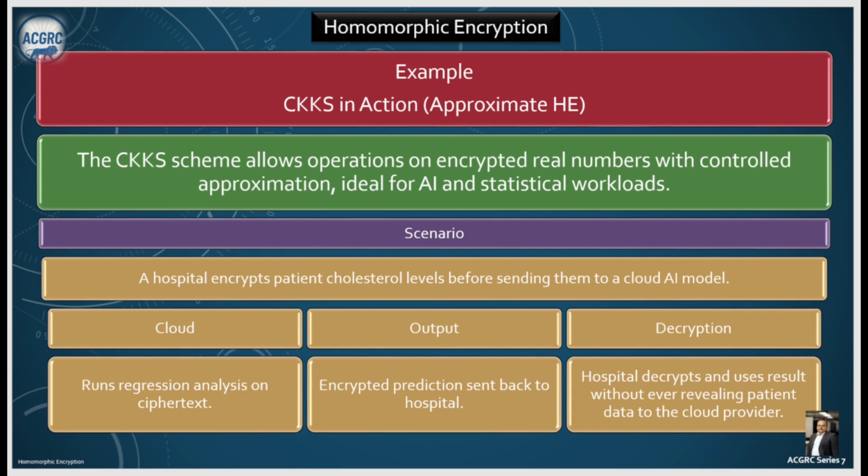The cloud runs the regression analysis on ciphertext. Output: the encrypted prediction is sent back to the hospital. The hospital decrypts and uses the result without ever revealing patient data to the cloud provider. Pretty straightforward, because now we know the background and how this logic works.